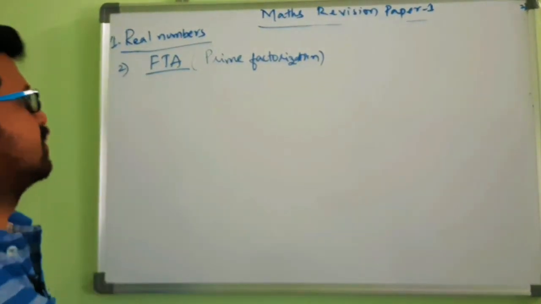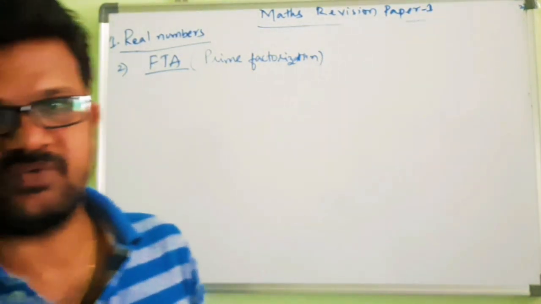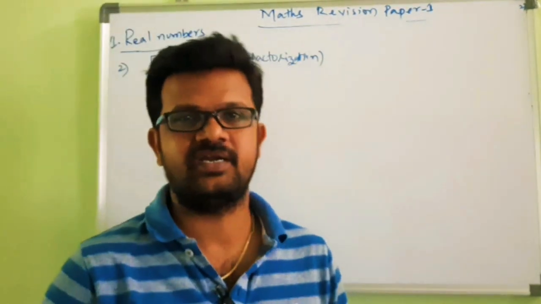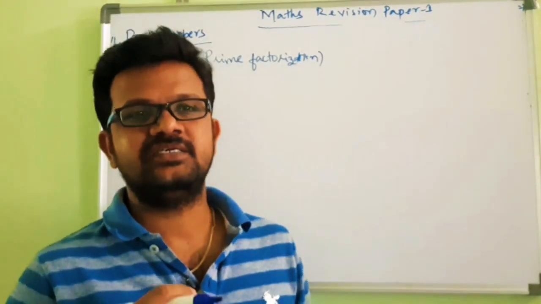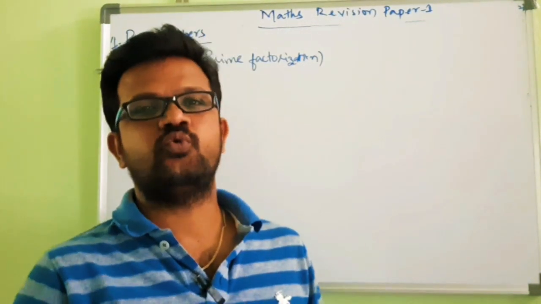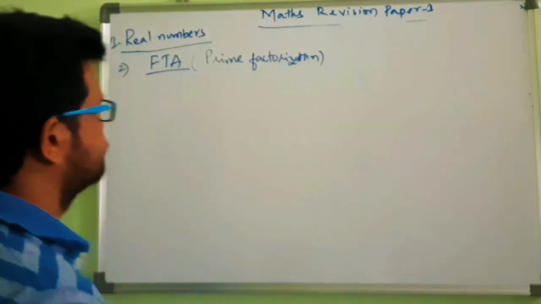Using this prime factorization method, we have to find HCF and LCM of any two or more than two integers, right?